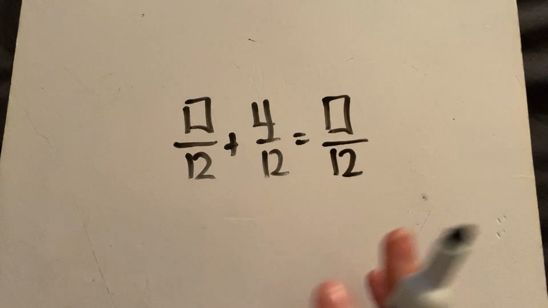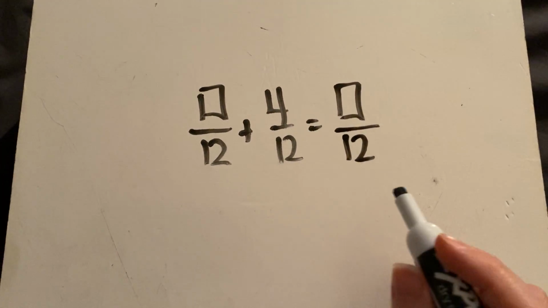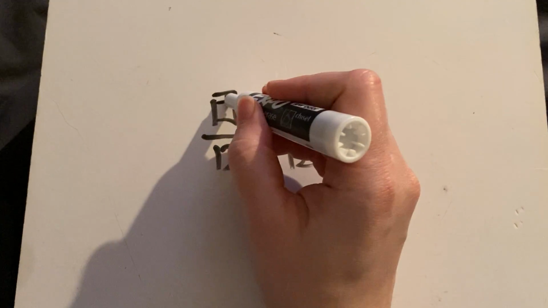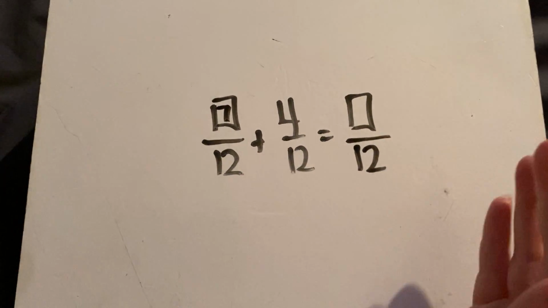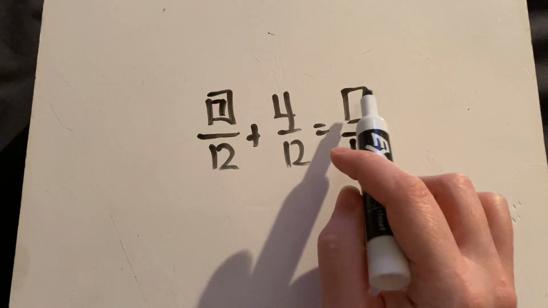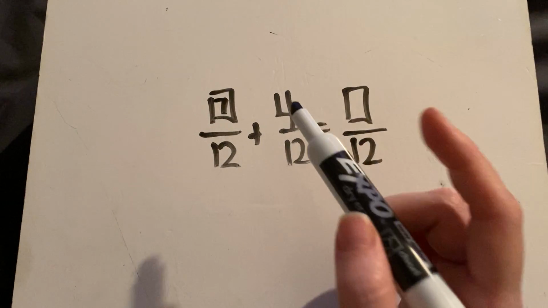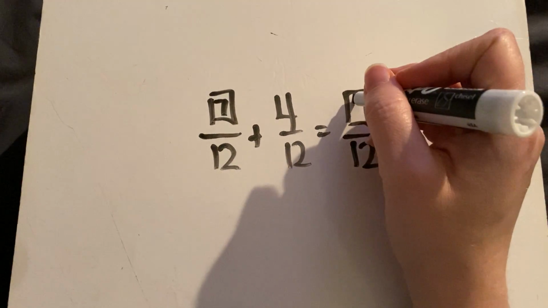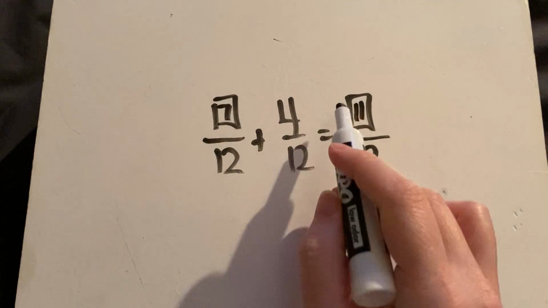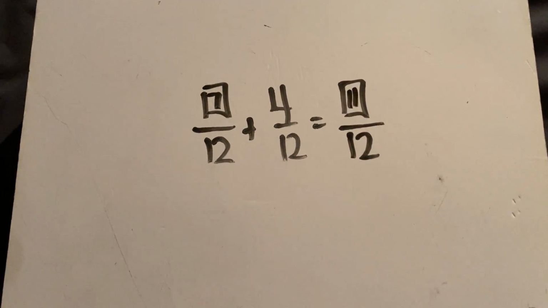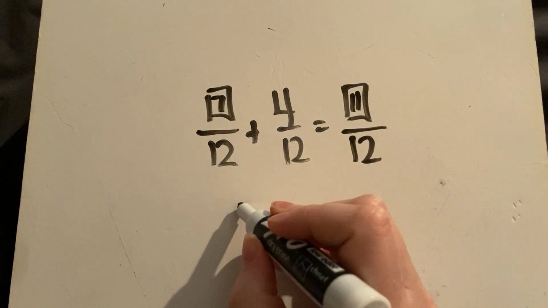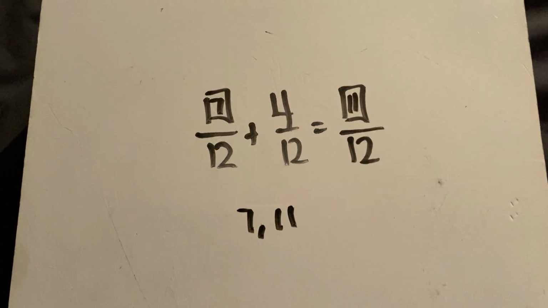So the first time I picked 3. Let's say I picked, I don't know, 7 this time. Okay, that's fine as long as when I add this matches. So 7 plus 4, that's going to be 11. So as long as going across it's true, that could be an answer. So there's multiple answers. So this time my answers are 7 and 11.